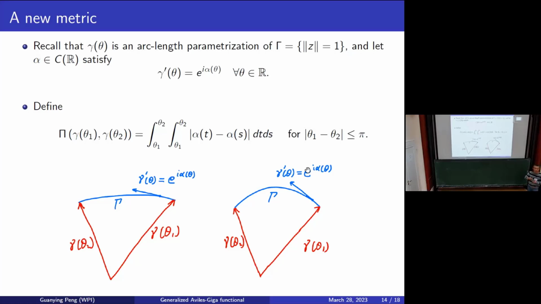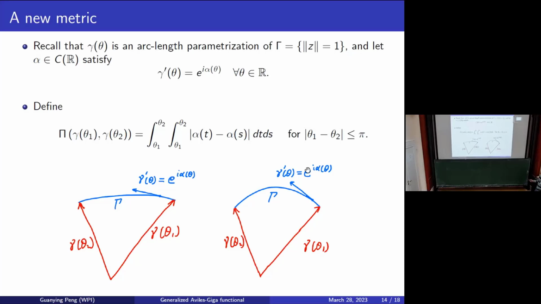And this metric has the advantage that it takes into account the fact that the convexity of the norm may degenerate differently in different directions. To just give a little bit more explanation, here I drew two pictures. In these two pictures, the gamma of theta 1, gamma of theta 2 are meant to be the same vectors. And they both live on this unit circle of the norm, so this capital gamma.